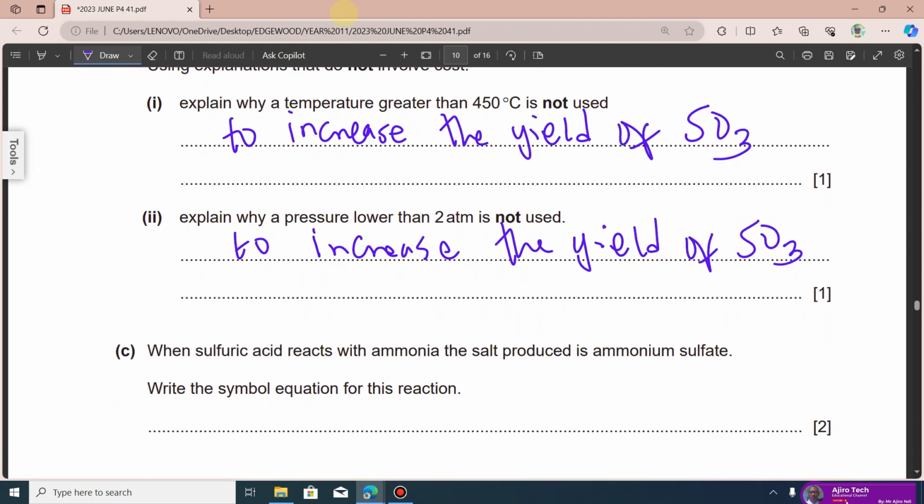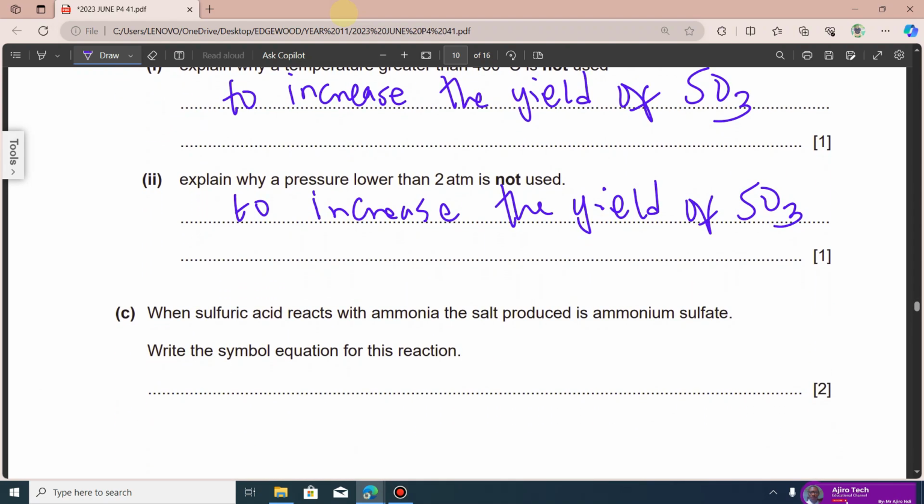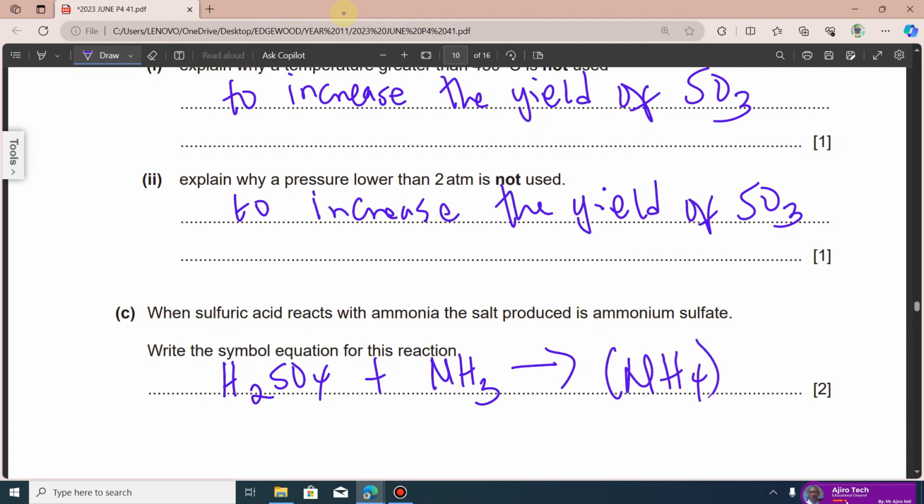Okay, now the next question: when sulfuric acid reacts with ammonia, the salt produced is ammonium sulfate. Write the symbol equation for this reaction. So sulfuric acid is H2SO4 plus ammonia, which is NH3, to produce the ammonium sulfate, which is (NH4)2SO4.